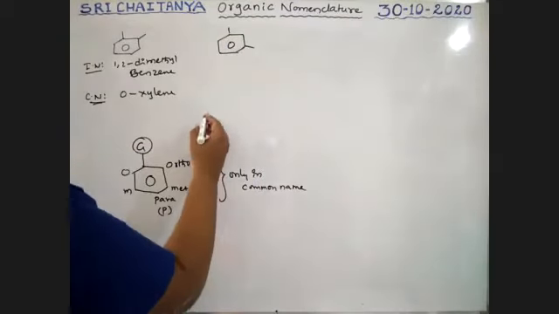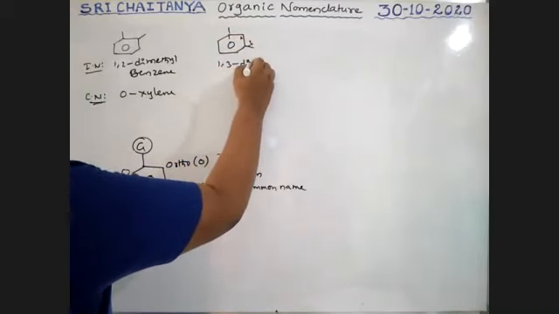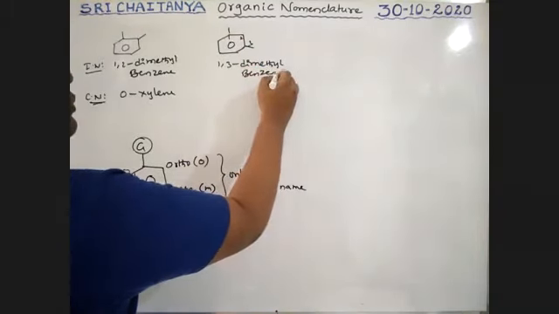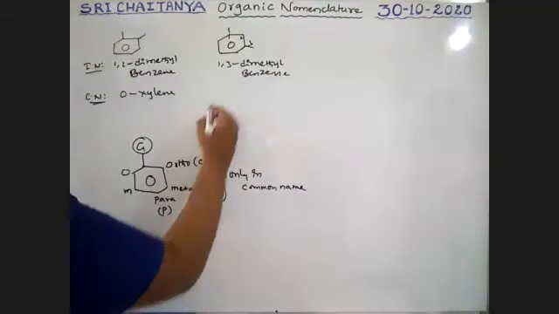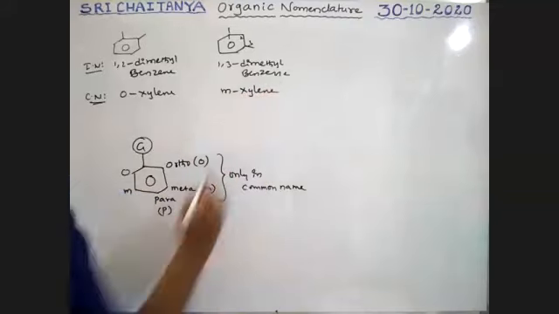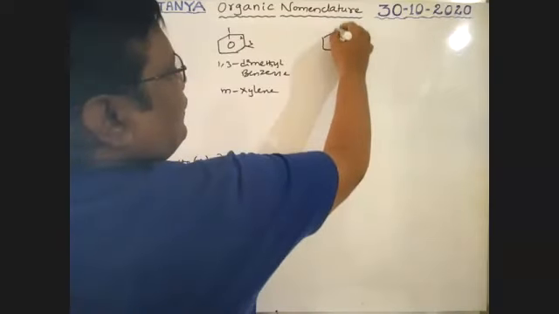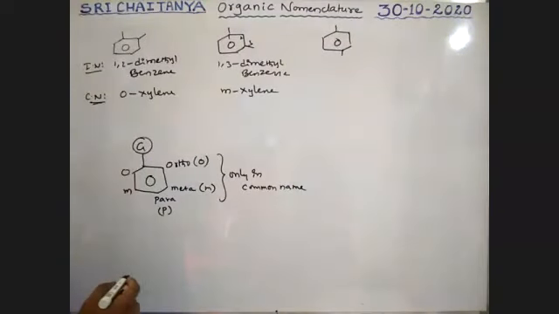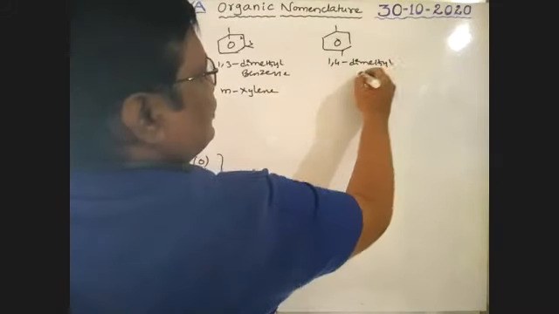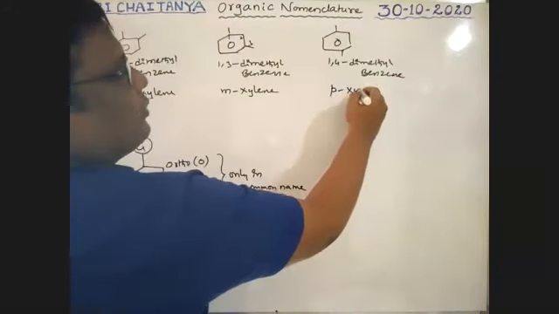Therefore the 1,3 position is 1,3-dimethylbenzene. That is its IUPAC name, and its common name is metaxylene. Next, the 1,4 position: 1,4-dimethylbenzene, or paraxylene.